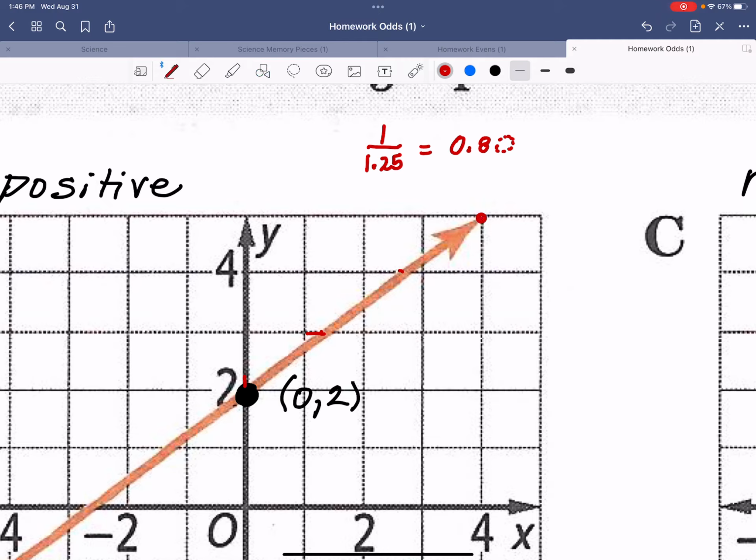So let's calculate our slope right there. So rise is going to be 1, 2, 3. And run is going to be 4. Rise is 3. Run is 4. So that is 3/4. So my 80 up there is off. The exact slope is 0.75.